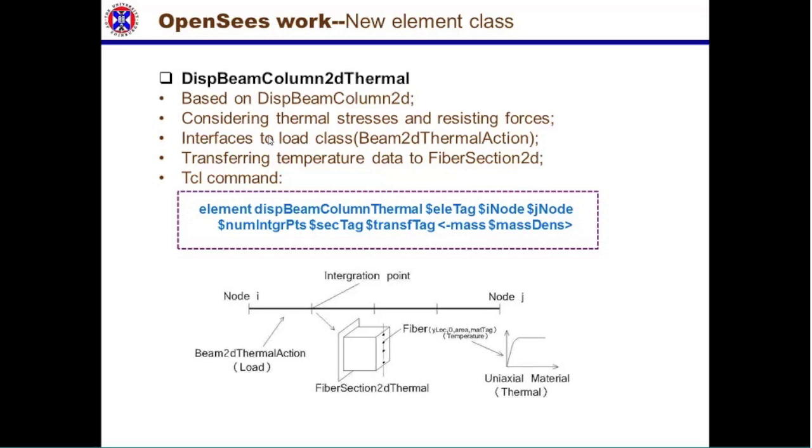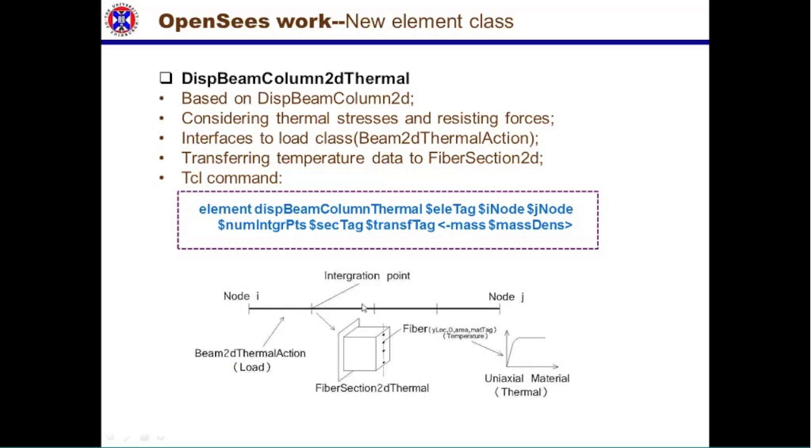And the typical command is almost the same, just the element is called thermal. We updated the keyword for this command, but the other arguments are the same: the element tag, the load, and the number of integration points. But as they point out, the temperature data is defined by the beam thermal action, and it goes to this beam element.